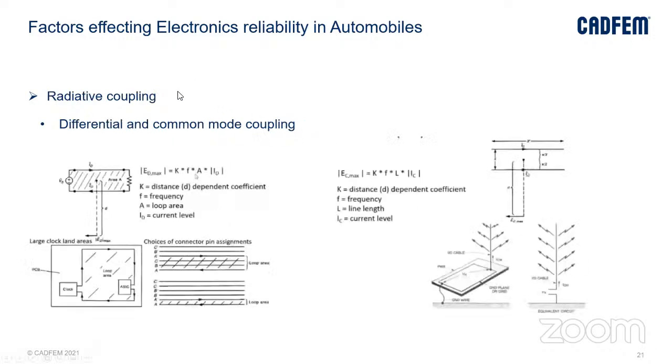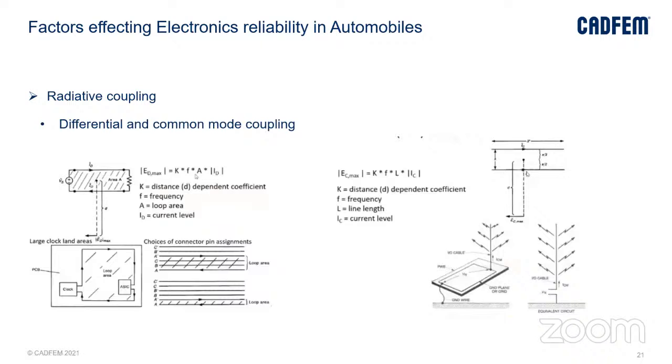Another factor could be differential and common mode coupling. Differential mode is nothing but current flowing in different directions. Over here the current is flowing in one direction, and over here in another direction. Because the currents flow in opposite directions, we generally assume that the fields at a certain distance will cancel.